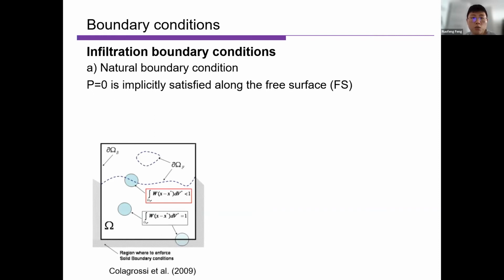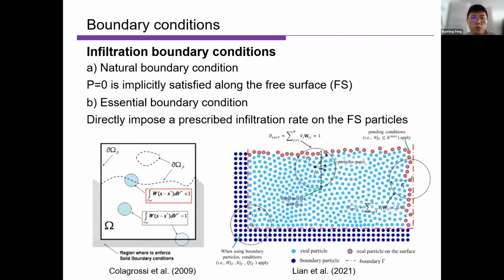So that's the reason why we prefer to use this essential boundary condition. We directly impose a prescribed infiltration rate on free surface particles. For this, we first search for the free surface particles and apply a prescribed infiltration rate on those particles.